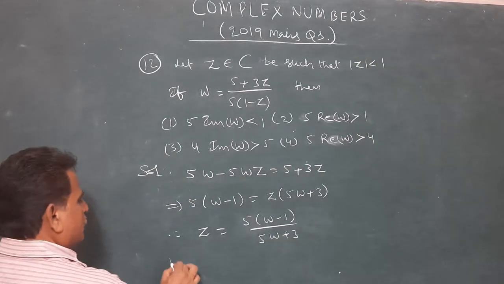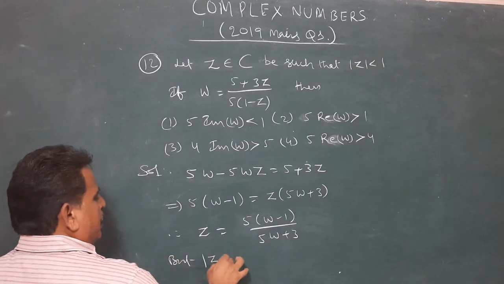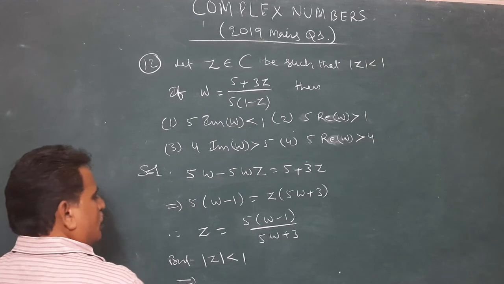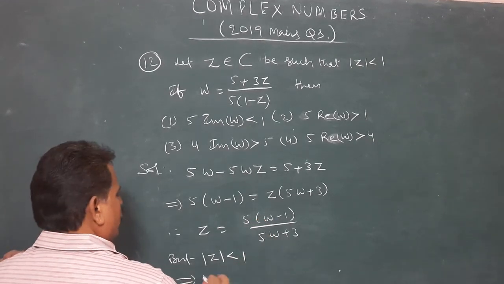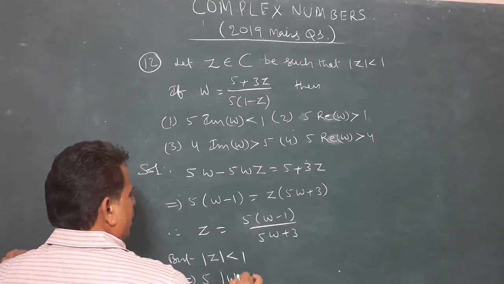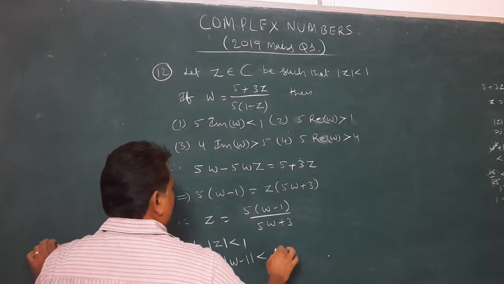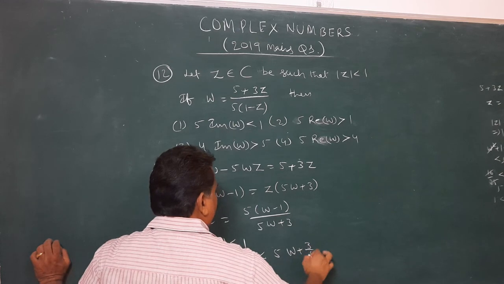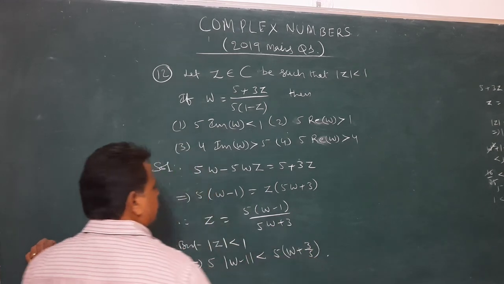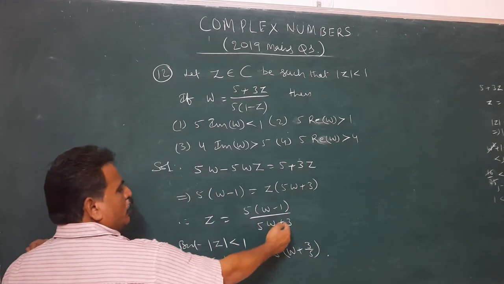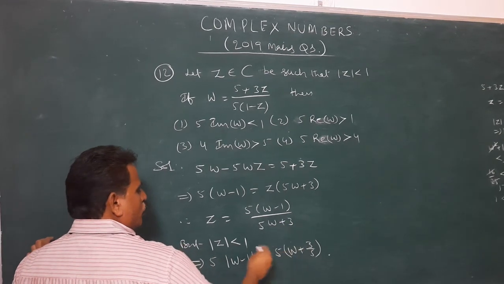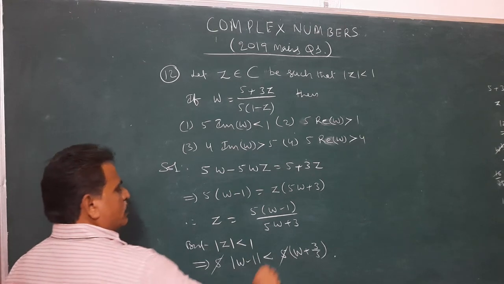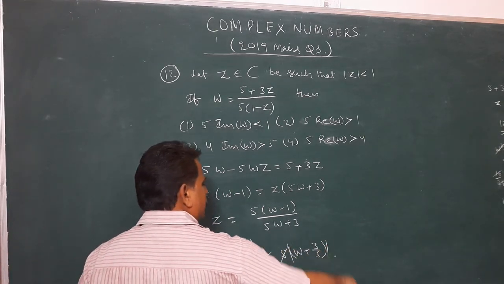But |z| less than 1, which implies this part is less than 1. 5|w − 1| less than 5|w + 3/5|, taking common 5 here, so both sides 5 cancel, we get this. Squaring both sides, modulus also here.